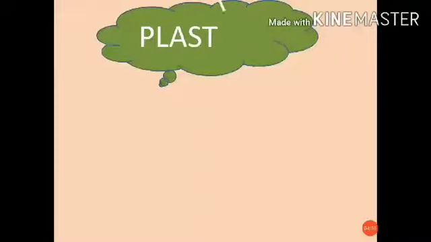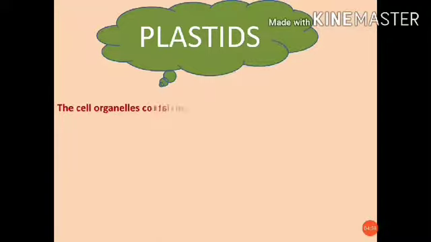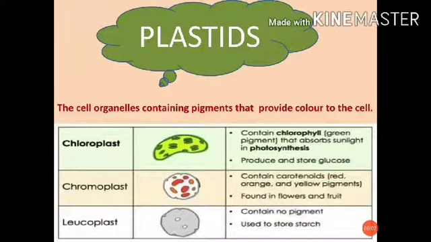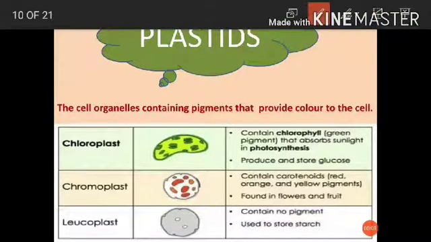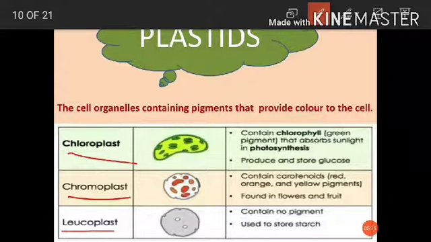First one, plastids. The cell organelles containing pigments that provide color to the cell are called plastids. There are three types of plastids: chloroplast, chromoplast, and leucoplast.